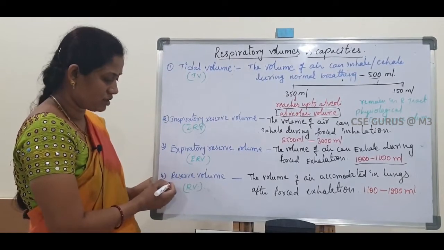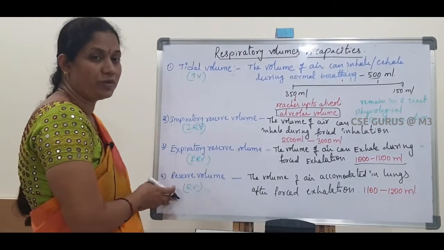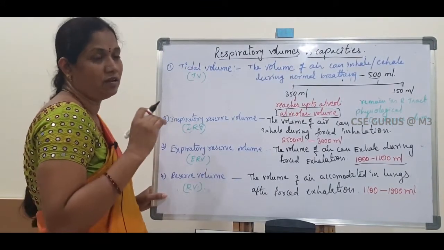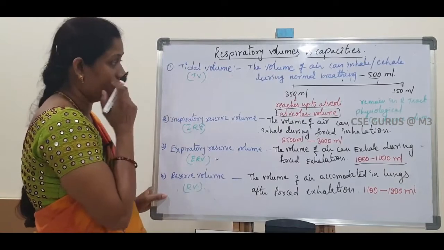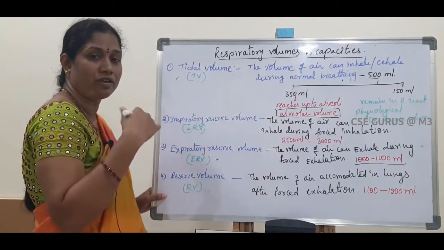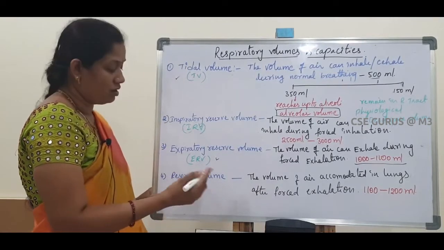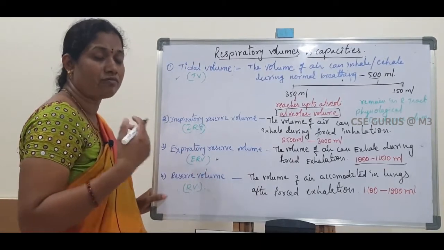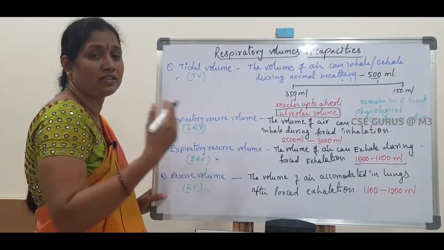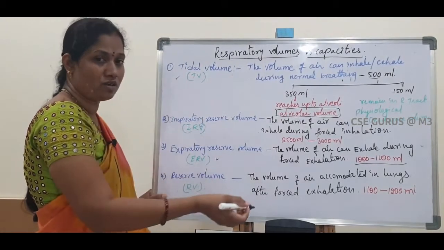Next, residual volume or RV. Residual volume means what remains after forcible expiration. First the tidal volume is released to the outside, then with very forcible exhalation the expiratory reserve volume also comes out.